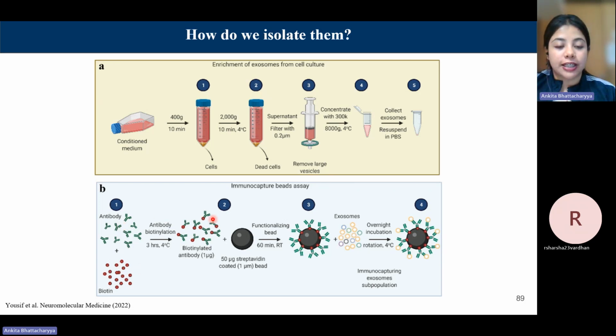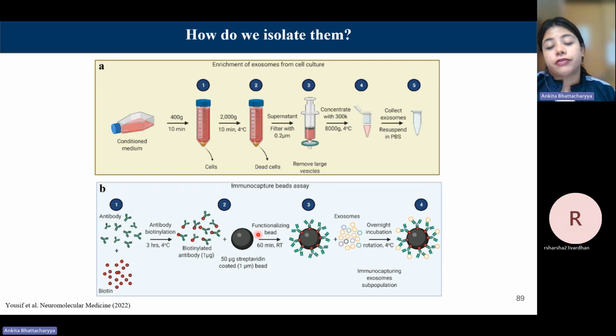Then after the biotinylated antibody has been generated, it is immobilized onto a strong support, which in this case was a streptavidin bead, a heavy bead that during the centrifugation step would pull down all the immunocomplexes, and they can then be segregated out quite easily.